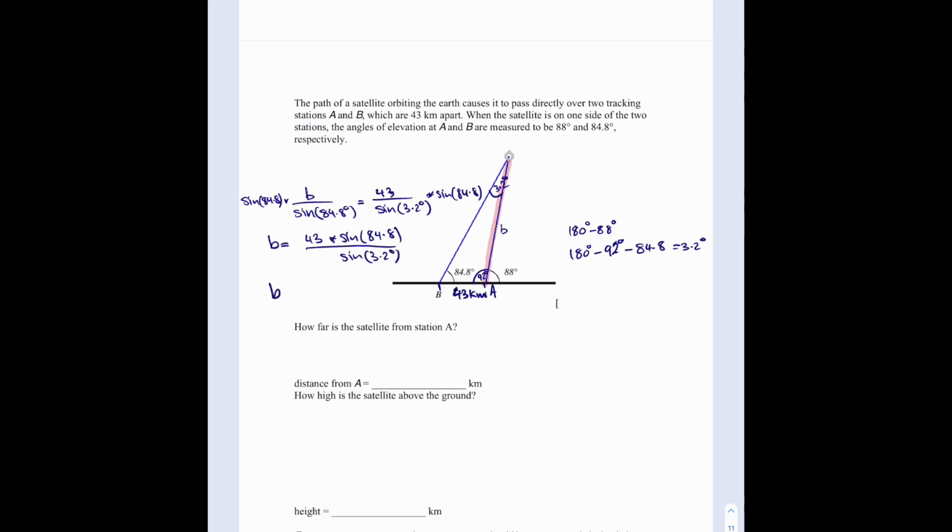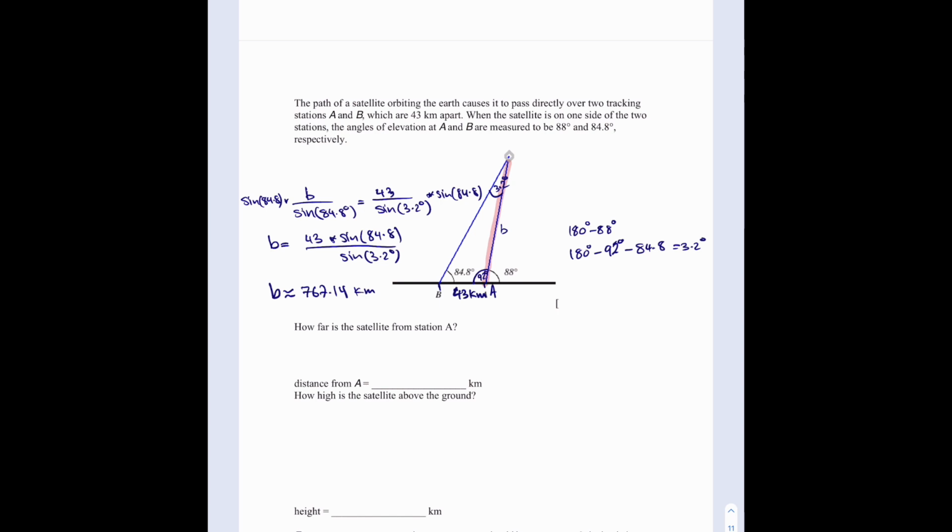Make sure you are in degree mode. That is going to give me 767.14 kilometers.